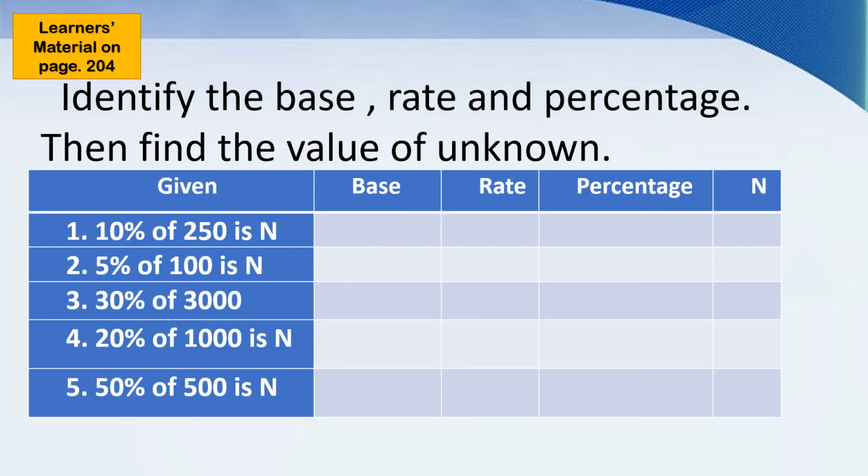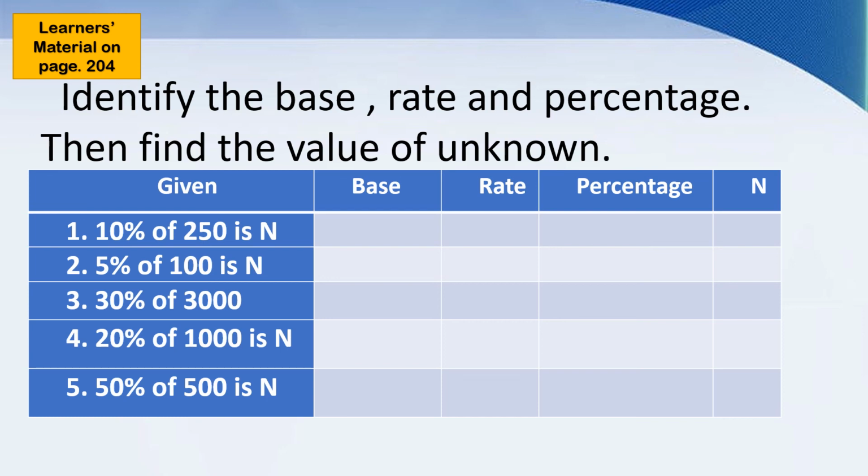Kids, I want you to open your learner's material on page 204. Evaluate A. Answer item 1 to 5 only. Let me read to you the instruction and the given. Identify the base, rate, and percentage. Then find the value of unknown.